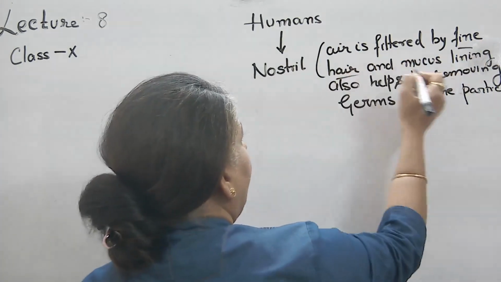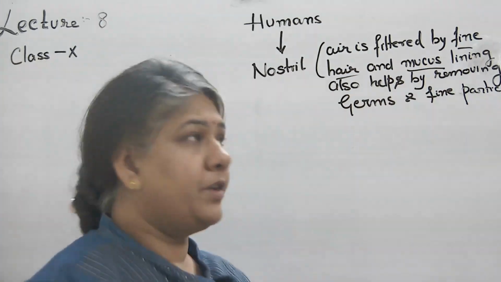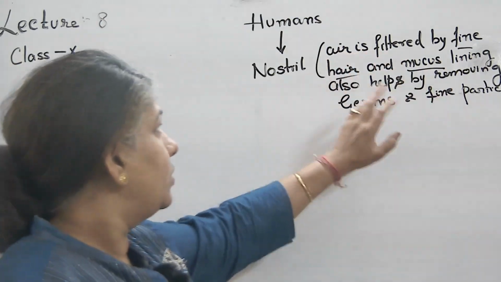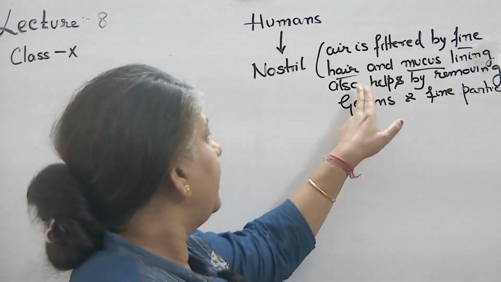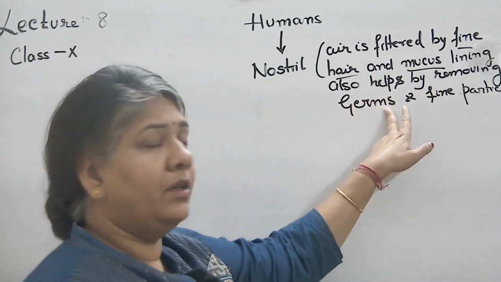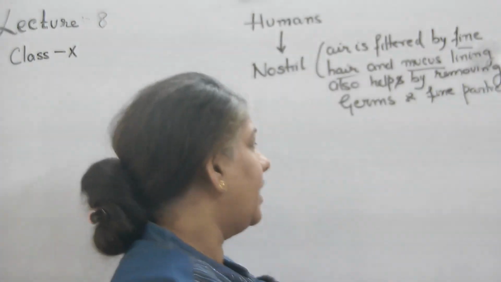So fine hair and mucus both are helping in filtration of air. So air is filtered by fine hair and mucus lining, which also helps by removing germs and fine particles or the pollutants that are entering.